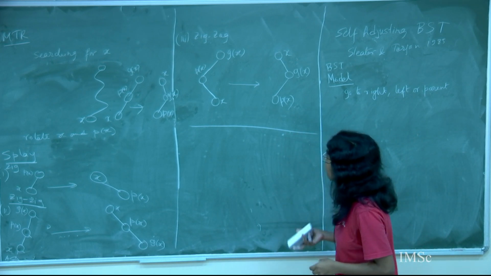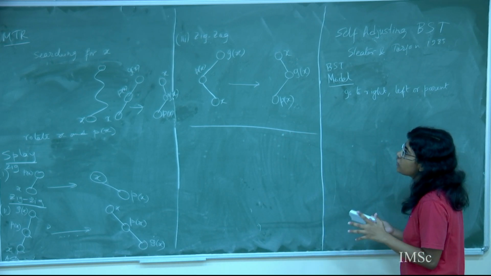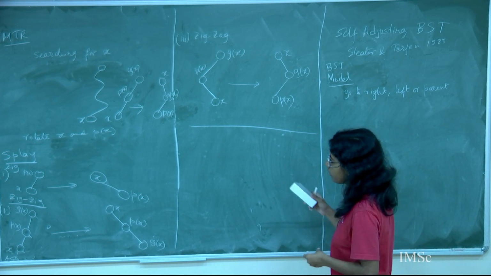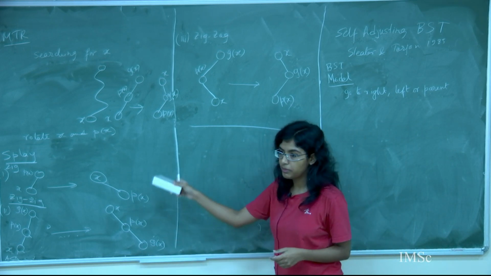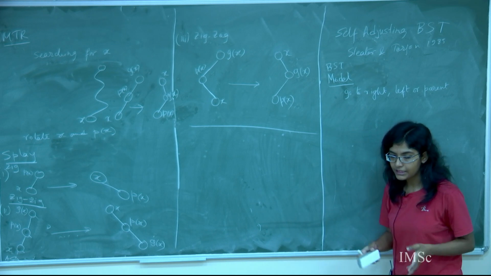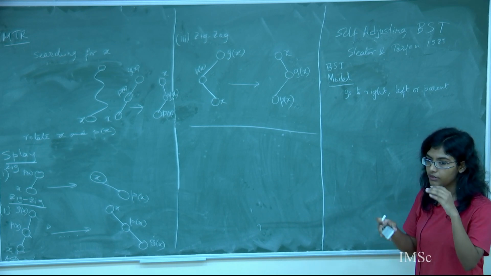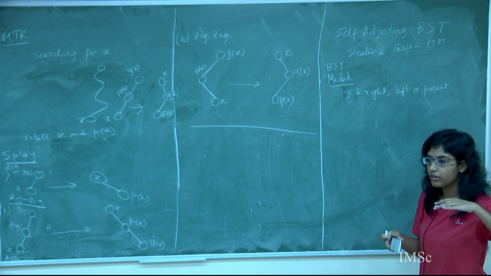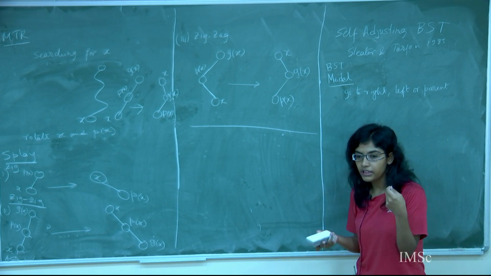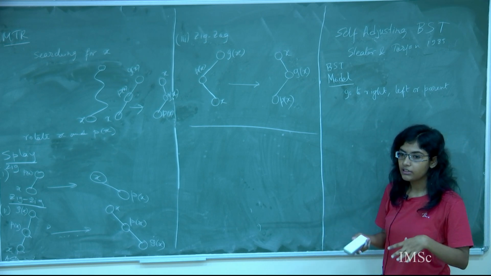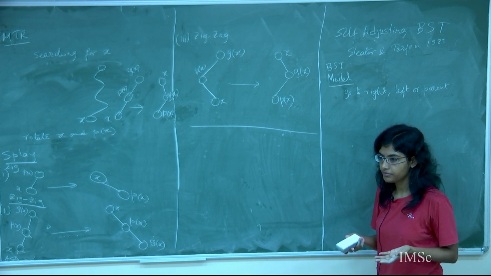So one intuition for why it should work is that if you are doing this splaying on a long path, what it does to the path is that it almost halves the length of the path, so the depth of each node on that path almost gets halved.